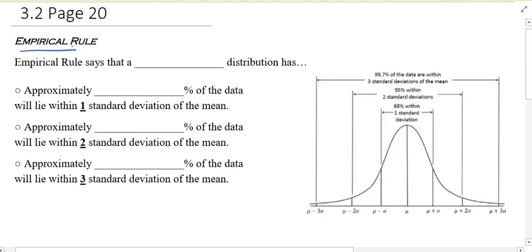Empirical rule says that a bell-shaped distribution, bell-shaped, another name for it, normal. Says that a normal distribution, a bell-shaped distribution, a symmetric distribution has, and this is what it is.